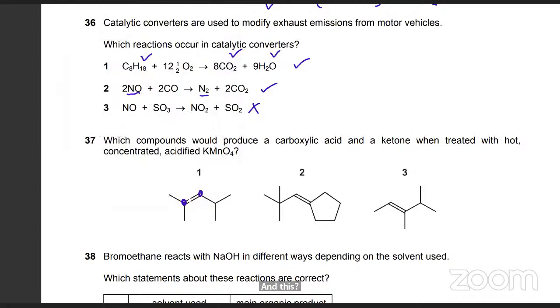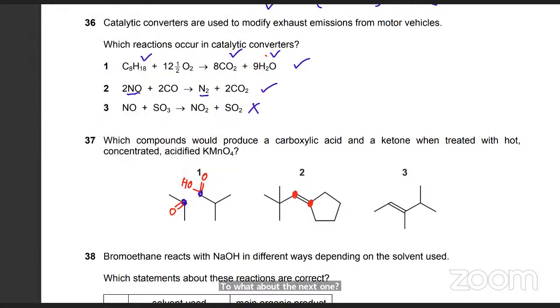So the double bond in the middle, that's going to break. And if you look at the 2 carbons, this one will be a ketone. It's got 2 carbon chains. And this has 1 carbon chain, so it will turn into a carboxylic acid. So what about the next one? So ketone and carboxylic acid.